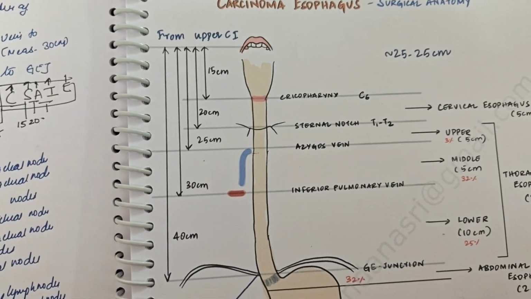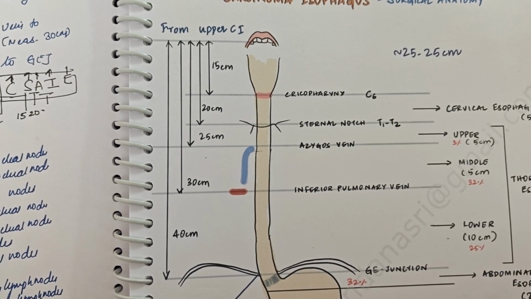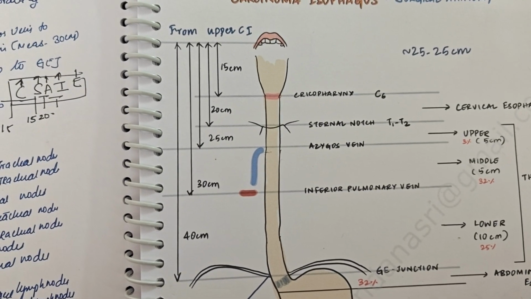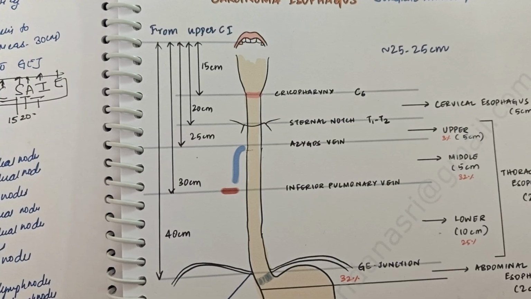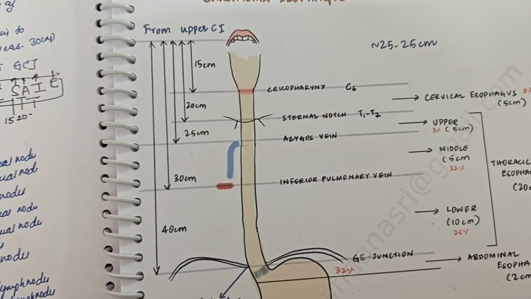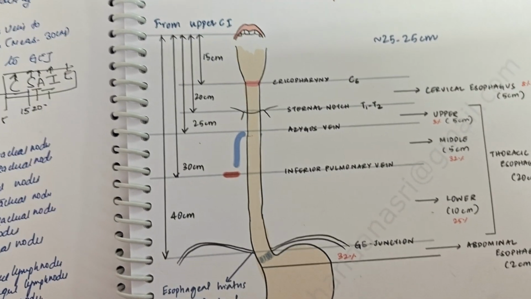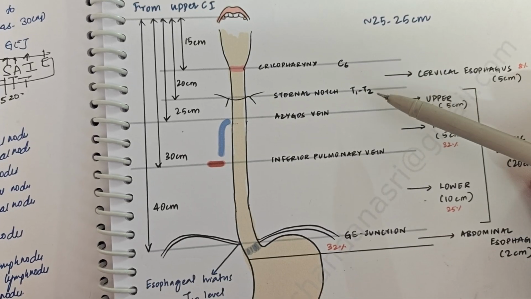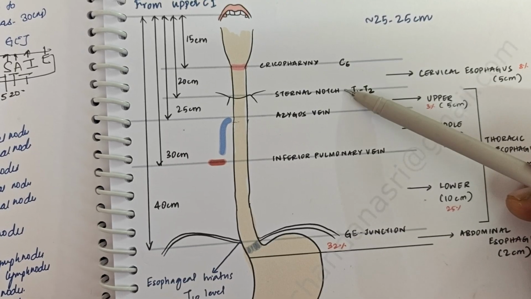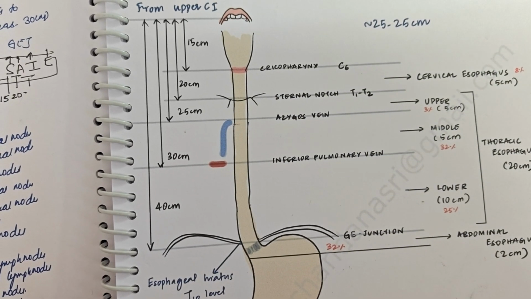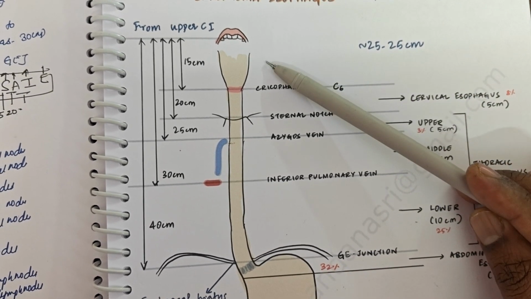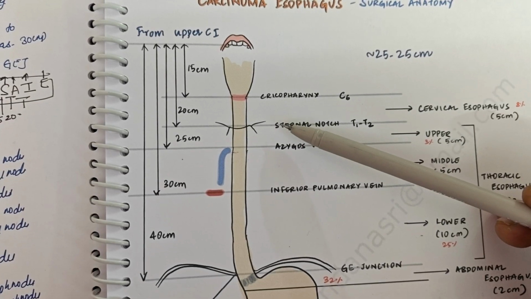But for the time being, we need to understand why we are discussing this. If you take the distance from the upper incisors, it is 15 centimeters till the cricopharynx. From the cricopharynx to the sternal notch, it is 5 centimeters. That means from the upper incisors to the sternal notch it is 20 centimeters.